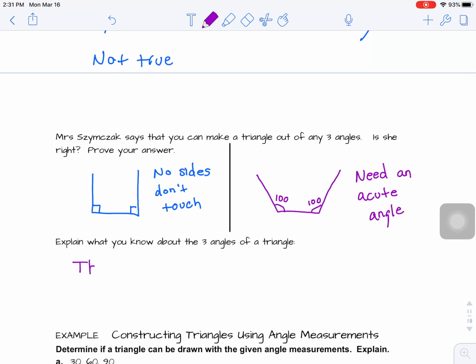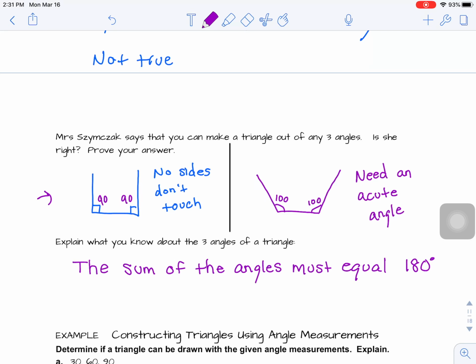We know that the sum of the angles must equal 180. Let me go back to this example up here, where 90 and 90 does add up to 180.